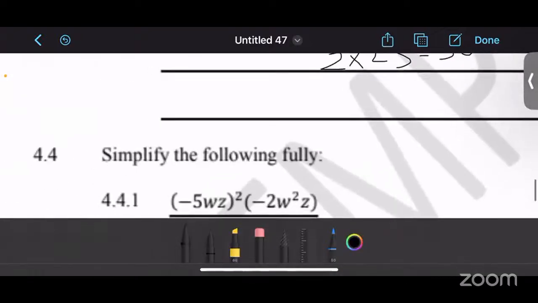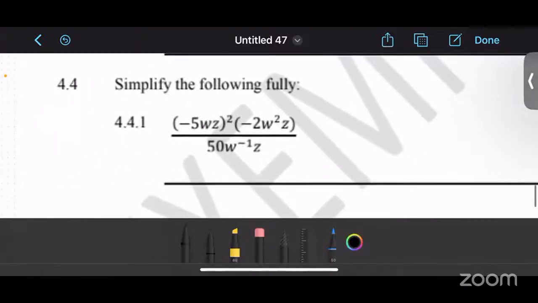Okay, let's look at another question. They say simplify the following fully. We have in brackets -5WZ, everything in brackets to the power of 2, open bracket -2W squared Z, close the bracket, over 50W to the power of -1 Z. How are we going to do this one, guys?